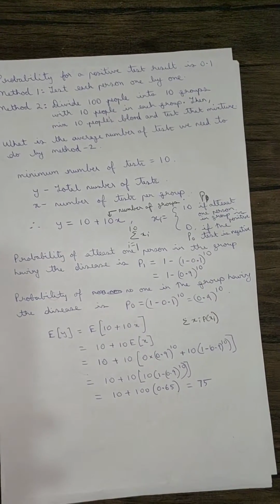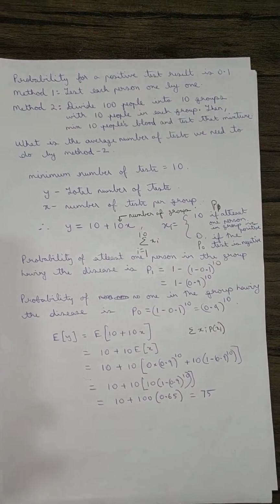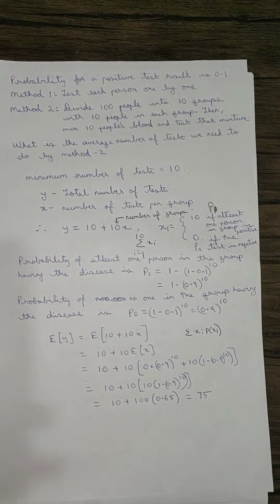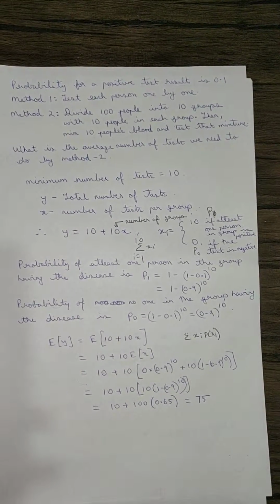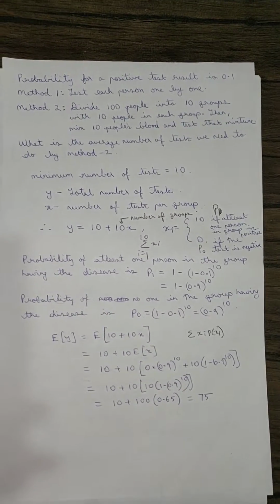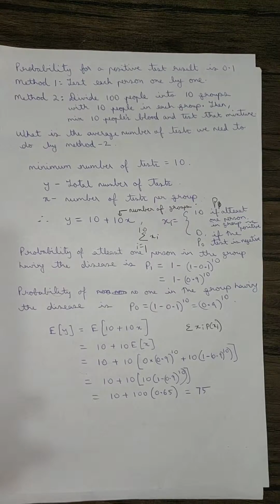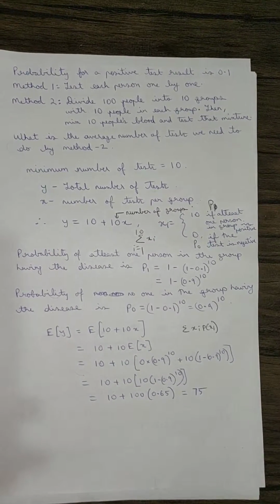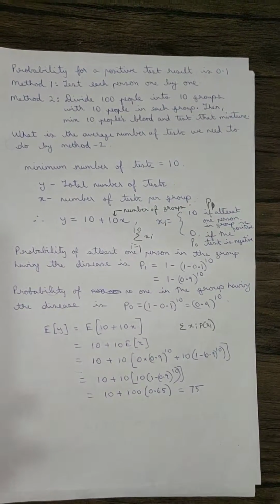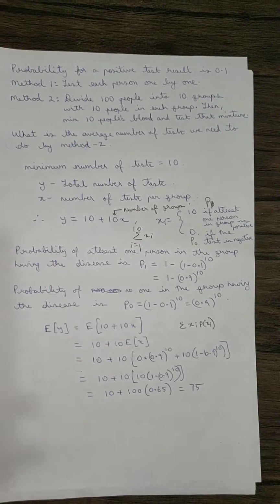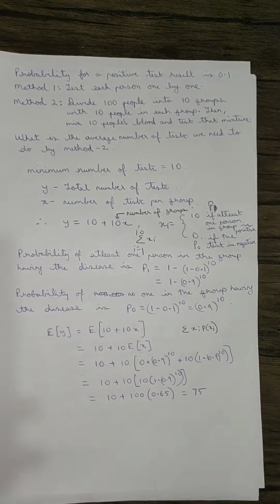So p1 is if at least one person in the group has the disease, and p0 is if no person in the group has the disease. As we have discussed earlier, if at least one person in the group has the disease, we have to do 10 tests, that is, a test on each person individually. And if no person in the group has the disease, no additional tests have to be done.